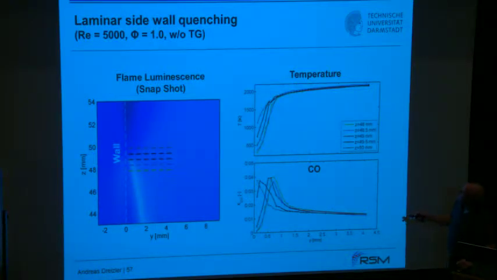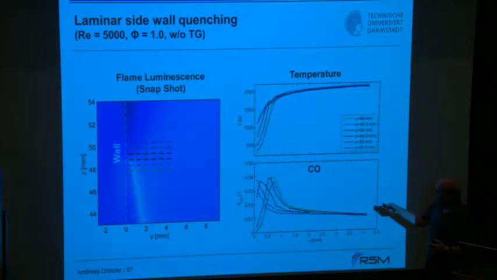Then we approach the region at 50 millimeters. I go back. This is the closest point where the flame has come to the wall, because after that you see the slope is decreasing, and that, as we know, is an indication that the reaction has been switched off, and only transport effects are causing this flattening of the profile.